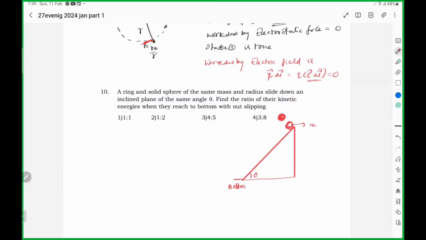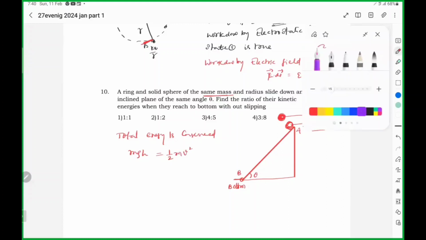It has only potential energy, mgh. Both are released from the same height, and he said same mass, so the potential energy is the same. Since total energy is conserved, at A it is mgh, at B it has totally converted to kinetic energy.